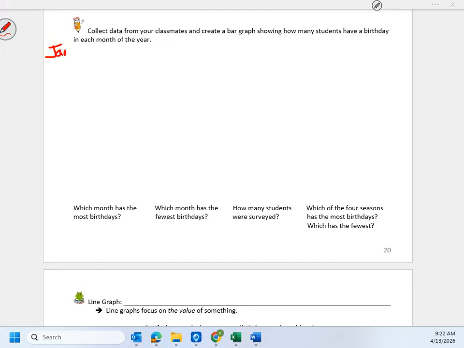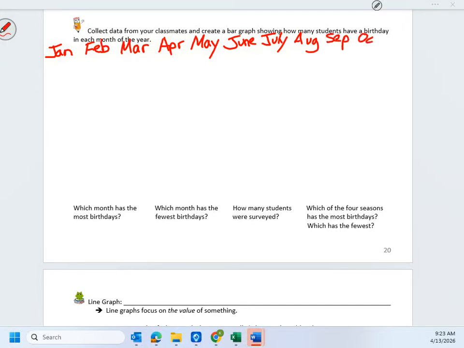So you're gonna label on your paper all the months of the year: January, February, March, April, May, June, July, August, September, October, November, and December.